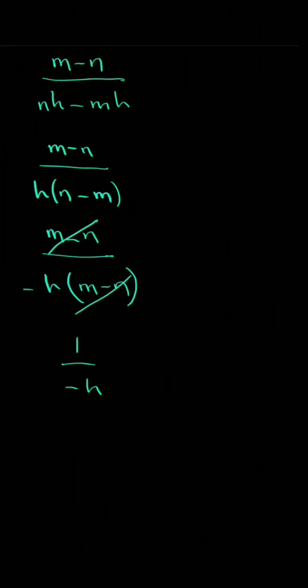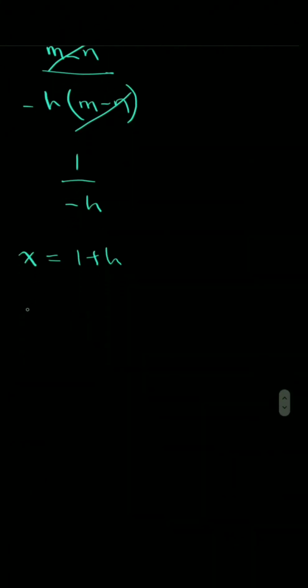Okay, now let us recall what we got for x. Remember that x is equal to 1 plus h, and making h the subject, h will be equal to x minus 1. Now we have a negative h here. That negative h will mean that we multiply both sides by negative.